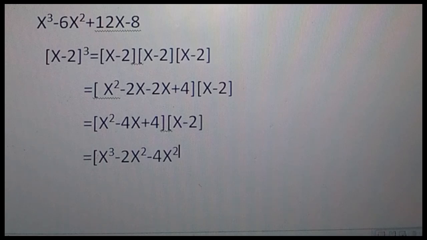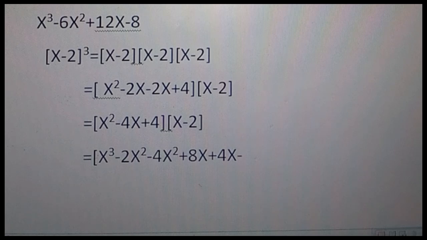And again, minus 4x multiplied by negative 2 gives positive 8x. Then positive 4 multiplied by x gives positive 4x. The last is positive 4 multiplied by negative 2, which gives negative 8.